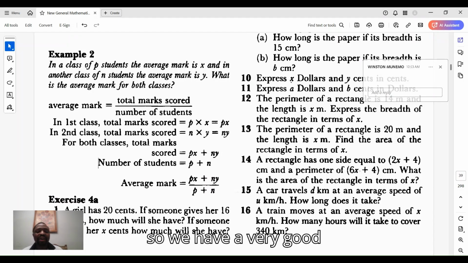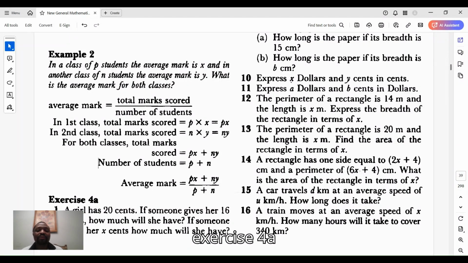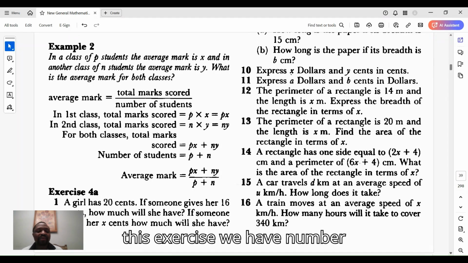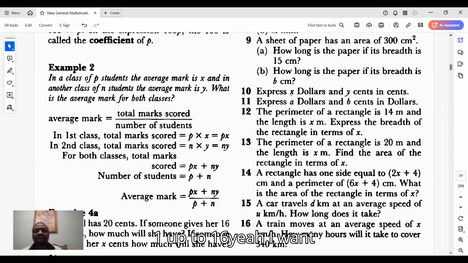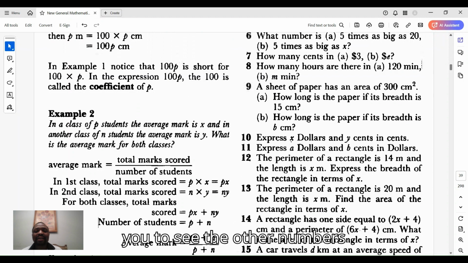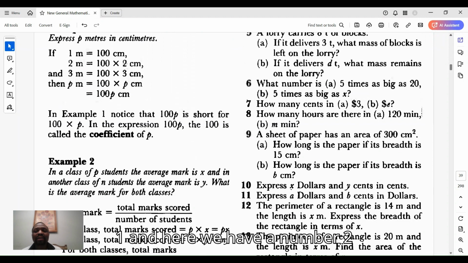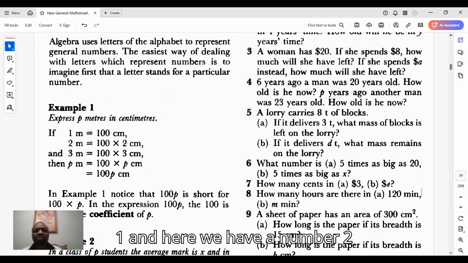So we have a very good exercise here, exercise 4a. In this exercise, we have number 1 up to 16. Here we have number 1, and here we have number 2.